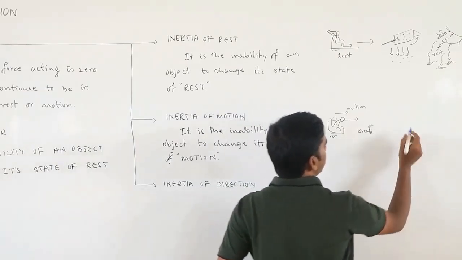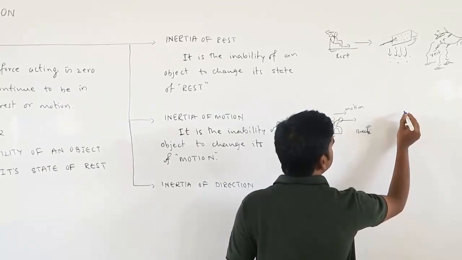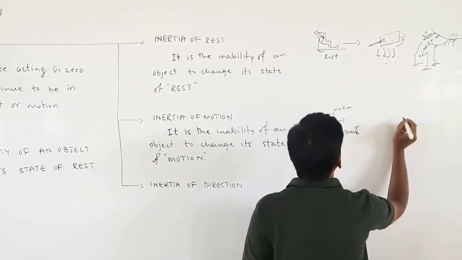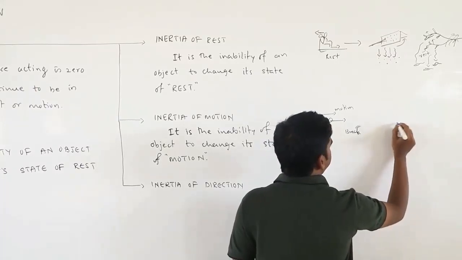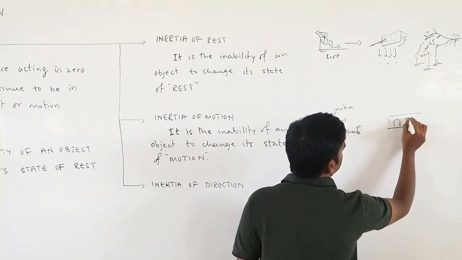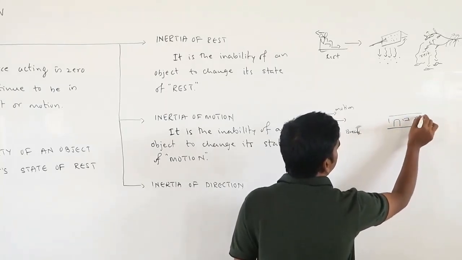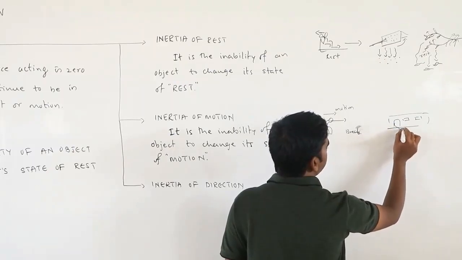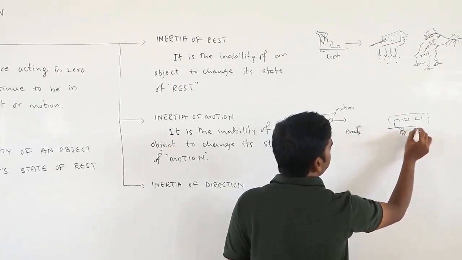Suppose the bus is moving. If you want to get down from the bus, what will happen when you suddenly get down from the moving bus?